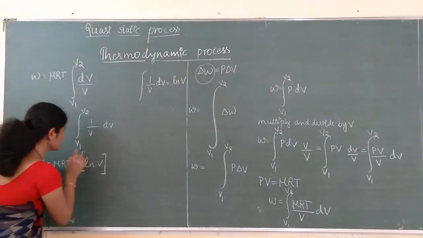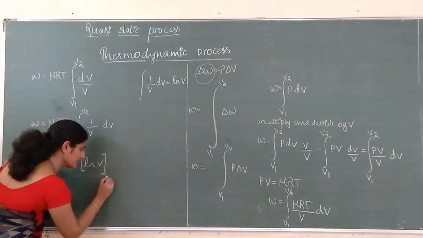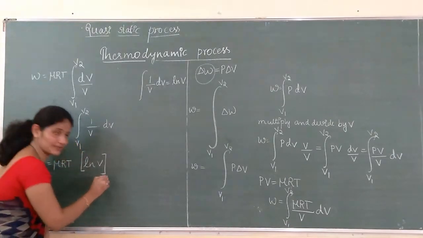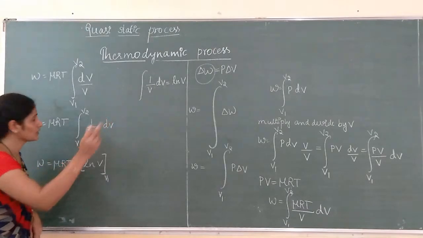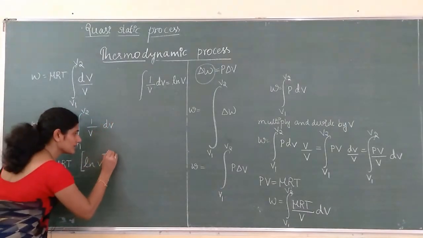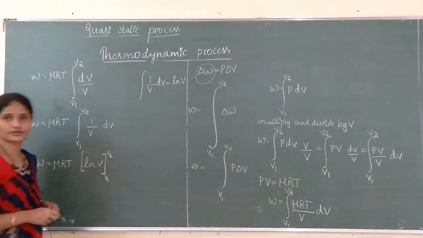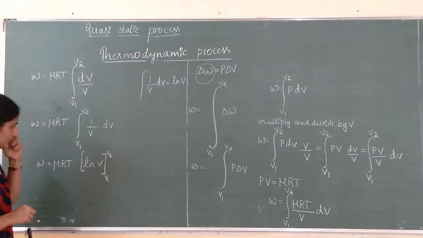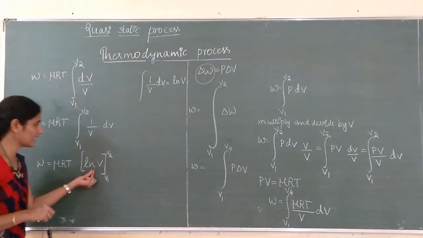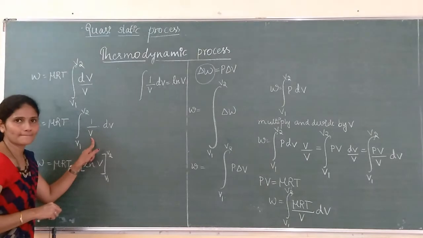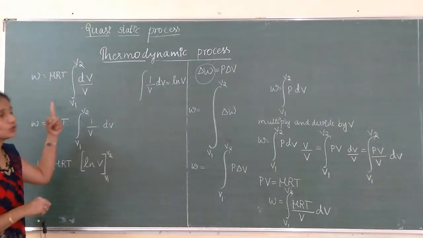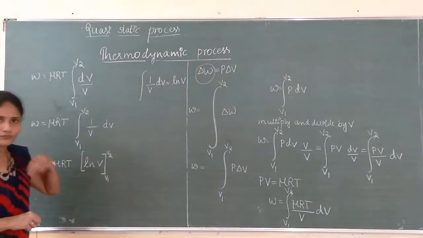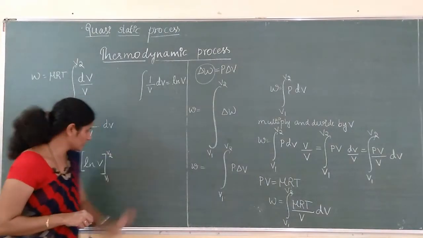V1 is the lower limit, V2 is the upper limit. We are integrating 1 by V from V1 to V2, initial volume V1 to final volume V2.